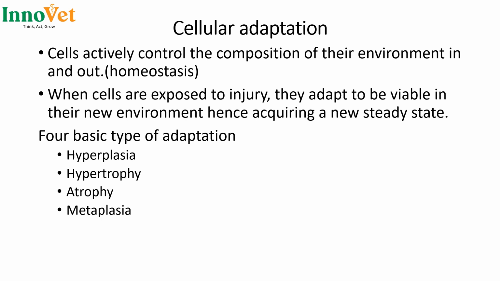And there are four basic types of adaptation: hyperplasia, which is an increase in the number of cells; hypertrophy, which is an increase in cell size; then atrophy, which is a decrease in the size of an organ due to a decrease in the number of cells or a decrease in the size of the cells, or both; then metaplasia, which is the replacement of one form of differentiated cells by another in the same tissue.